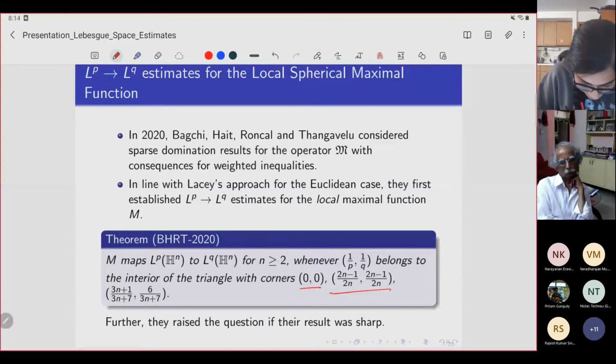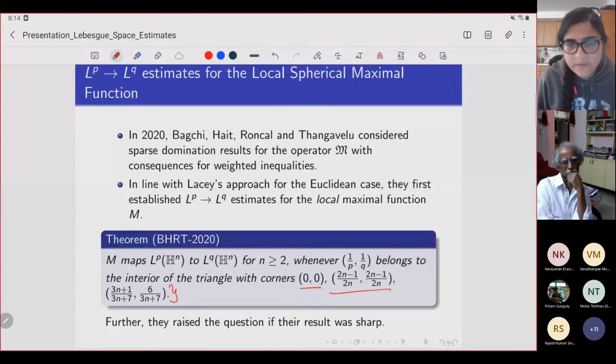And then there was this third new point on the anti-diagonal, ((3n+1)/(3n+7), 6/(3n+7)). Another question was if this result is sharp. And so this was our focus when we consider this problem, to look for a sharp LP to LQ result for the local maximal function on the Heisenberg group.